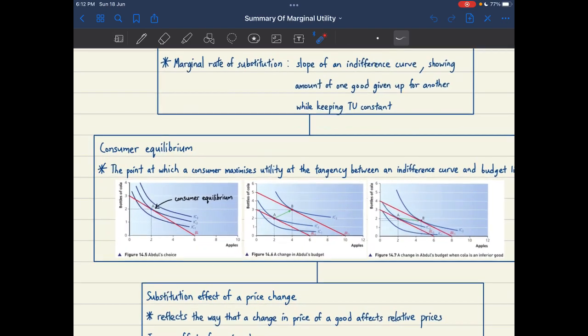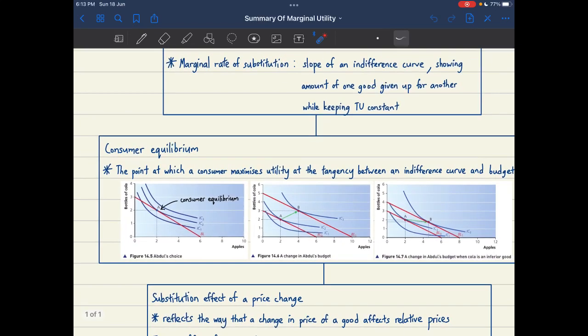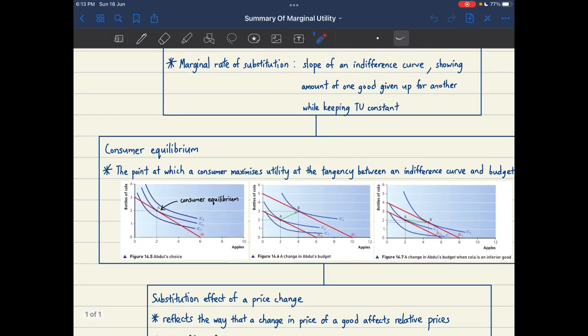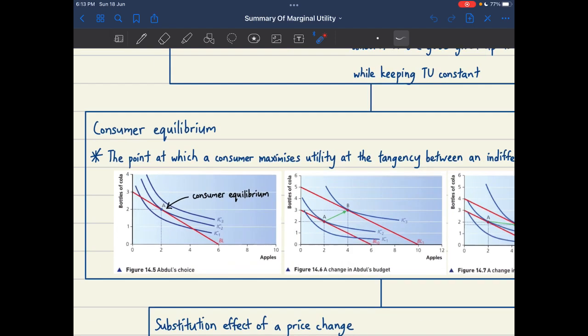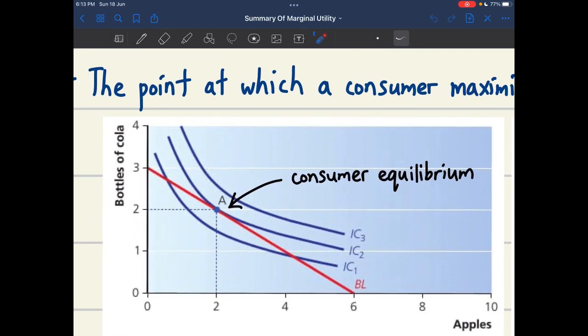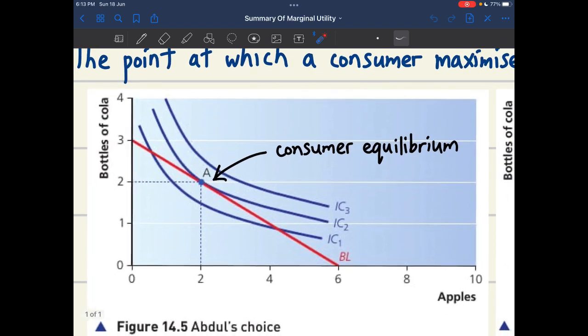So we'll look at the consumer equilibrium and you get a rough idea. So consumer equilibrium is basically the point at which consumers maximize utility at the tangency between the indifference curve and budget line. So you can see that we have three indifference curves. Okay, and then at the moment, a person could only maximize his or her utility by consuming at IC2.